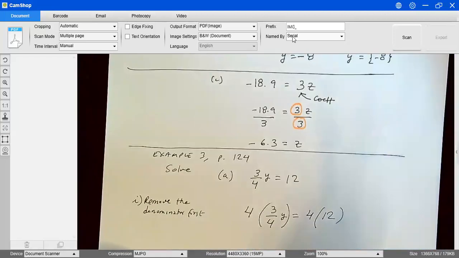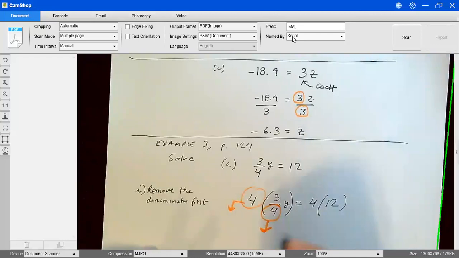If I do that, on the left-hand side you remove these two pieces from your equation. They vanish. So you end up with 3y only on the left-hand side, and you get 48 on the right-hand side.